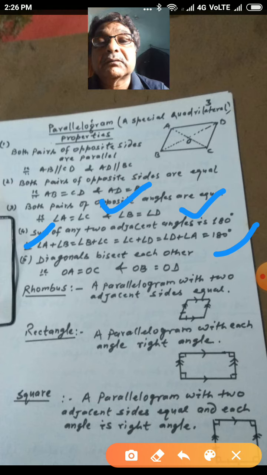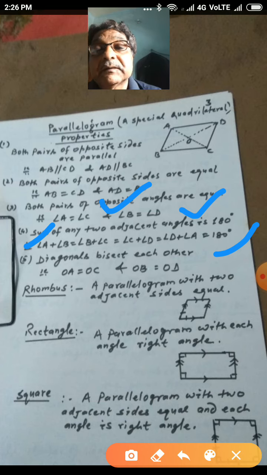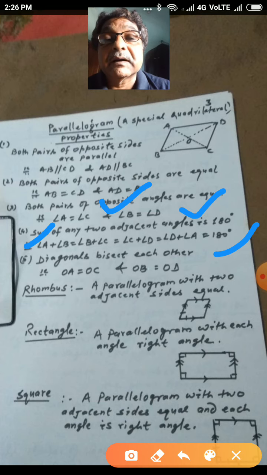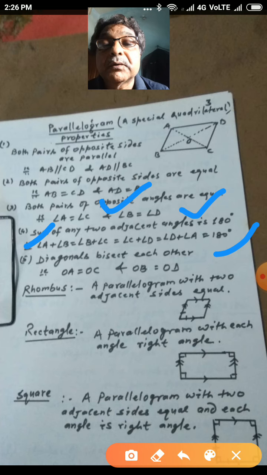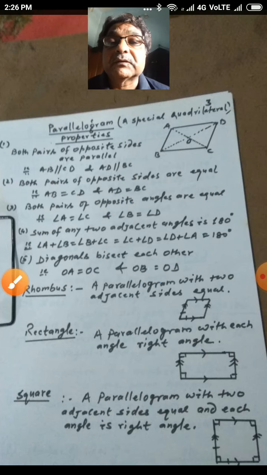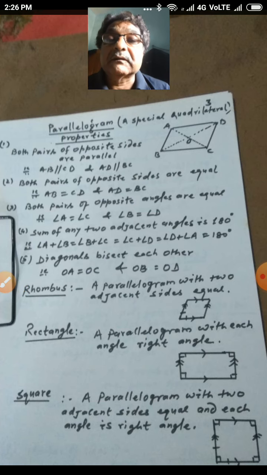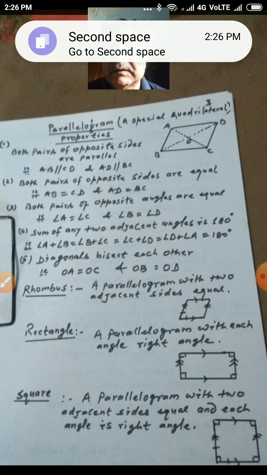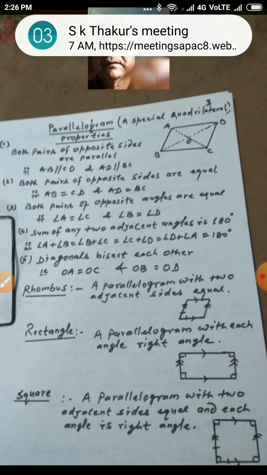When we draw one diagonal, it bisects the other, and the other bisects the first. That is, AC and BD bisect each other at a point named O, which means AO equals OC and OB equals OD. So these 5 are the important properties of a parallelogram. Taking the help of these concepts, we can easily solve the related exercise of understanding quadrilaterals.